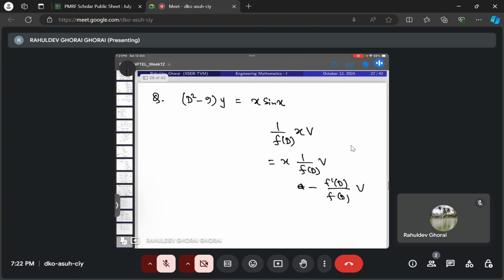So the general one I want to give is for f(D) of x to the power m times some other function.